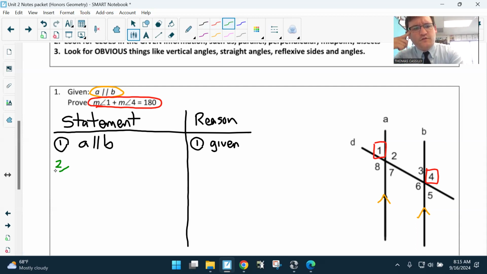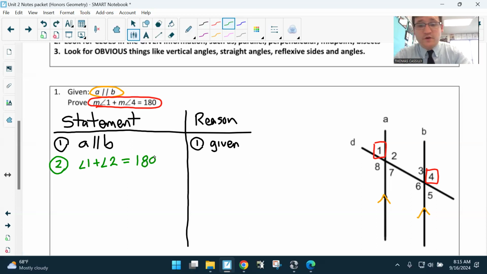Step 2. What are some things I notice about this picture? Well, how about this? Angle 1 plus angle 2, I'm going to say that is equal to 180 degrees.